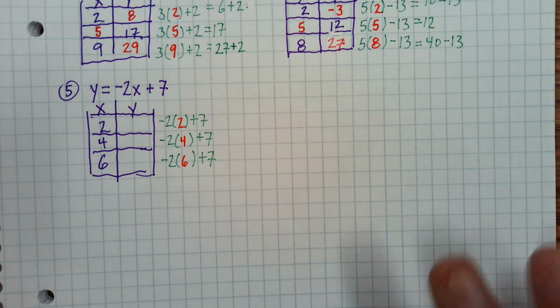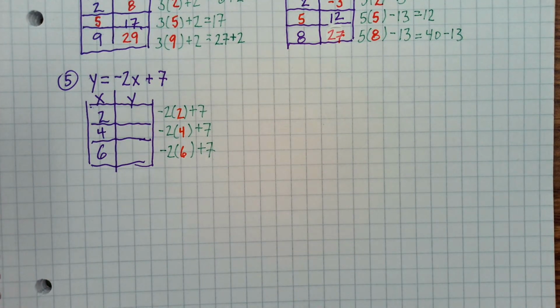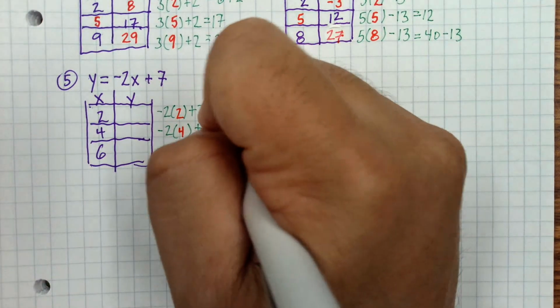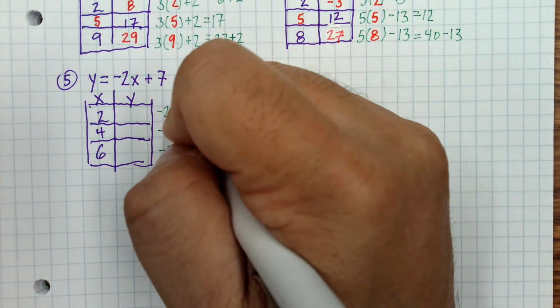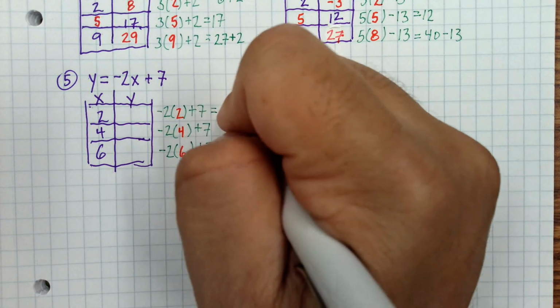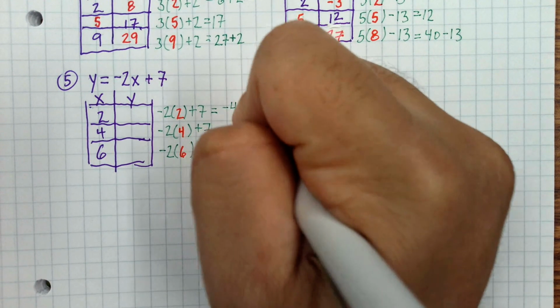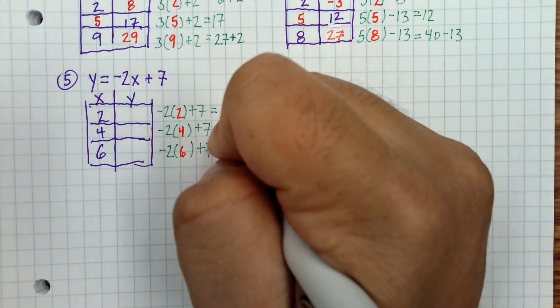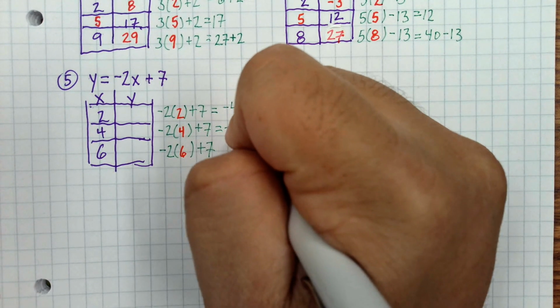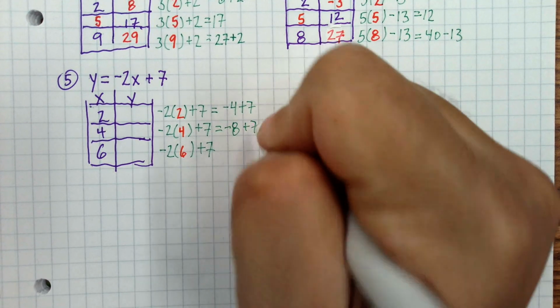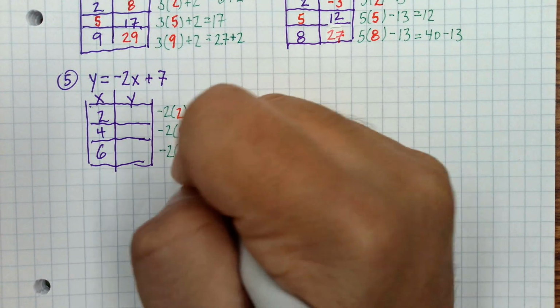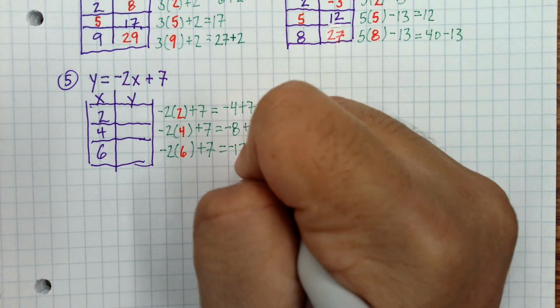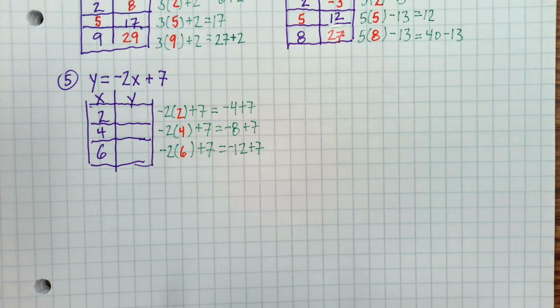So we got to be extra careful because we got negatives here, right? So this is going to be -2 times 2, -4 plus 7. -2 times 4, -8 plus 7. -2 times 6, -12 plus 7.